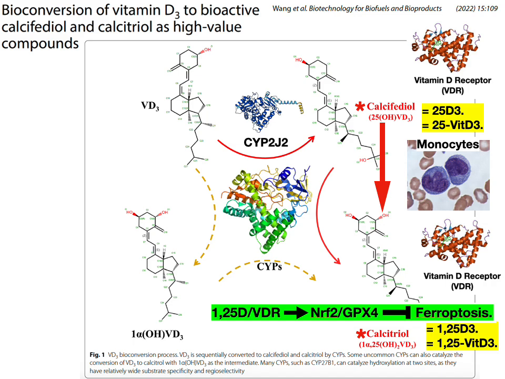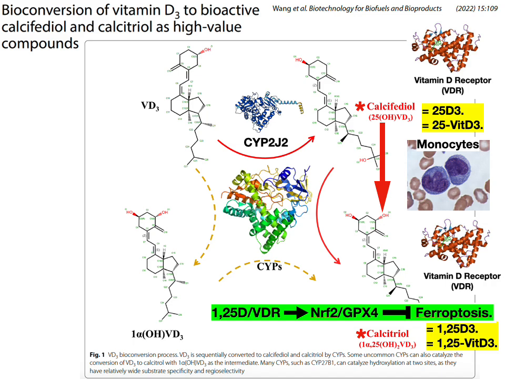Now here, they're talking about CYPs converting calcifediol to calcitriol, but the production of calcifediol from vitamin D3 may be prompted locally within the monocyte if it upregulates this CYP2J2 enzyme. And how can that be done?